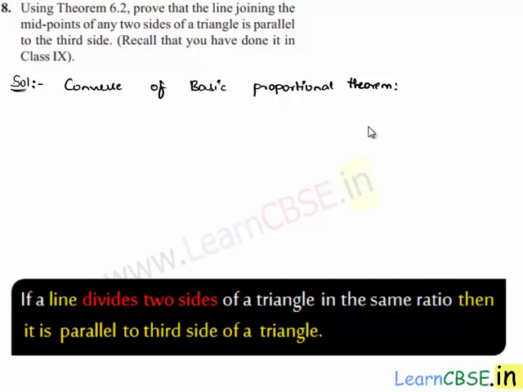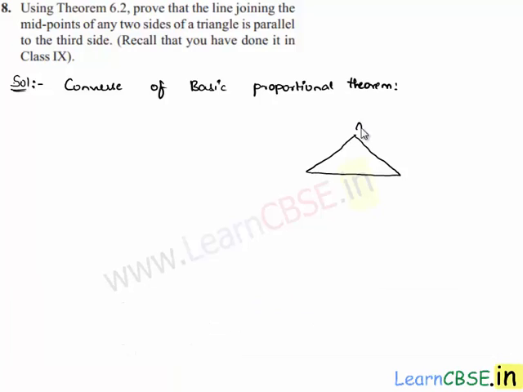So now here let us consider a triangle ABC in which E is the midpoint of AB and F is the midpoint of AC. Now let us join EF.